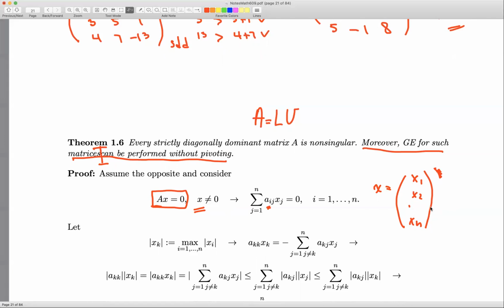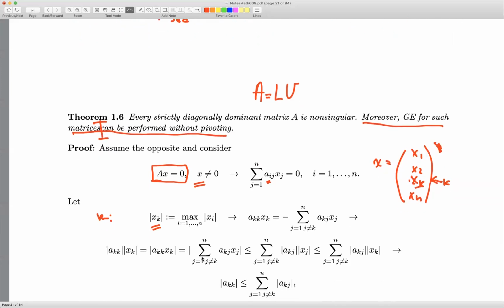Let's choose an index k such that the absolute value of the kth coordinate xk of this vector is the maximum among all the absolute values.